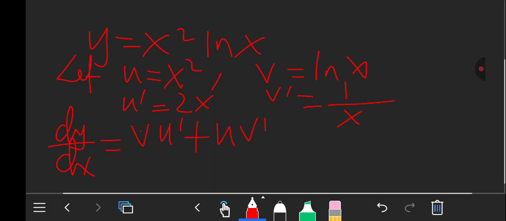This is the formula we use. So this will be equal to what? Our v is ln x. Our u prime is 2x. Then plus, what is our u? It's x squared. What is our v prime? Our v prime is 1 over x.